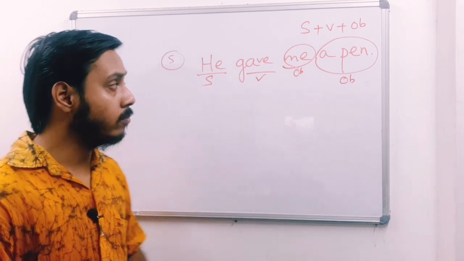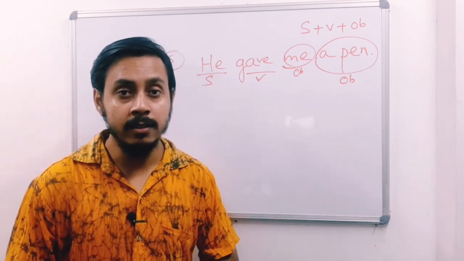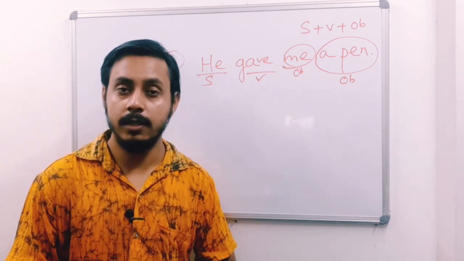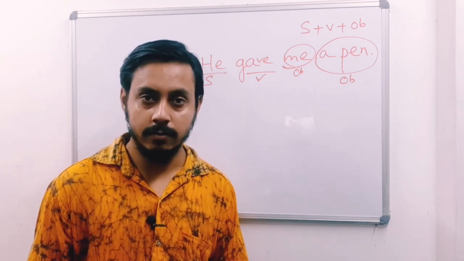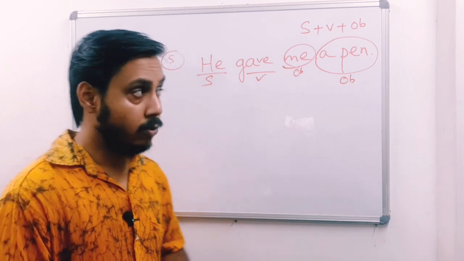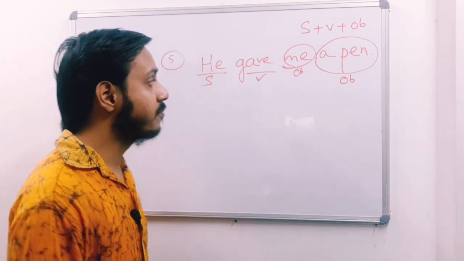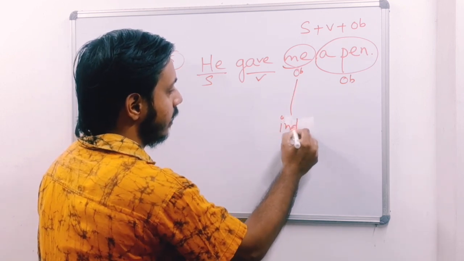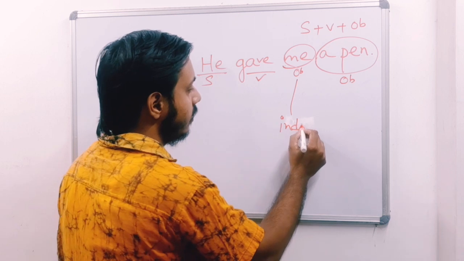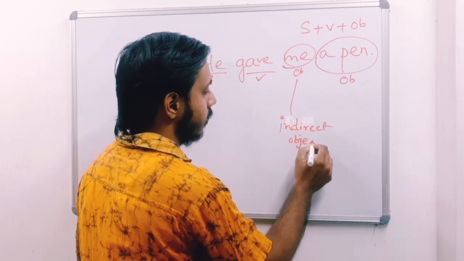Now the first one is me. Here me is a living thing, a person, a living object. As it is a living object, we can categorize it as an indirect object.